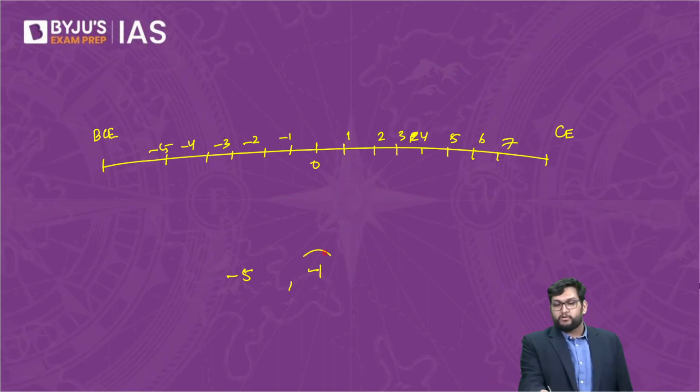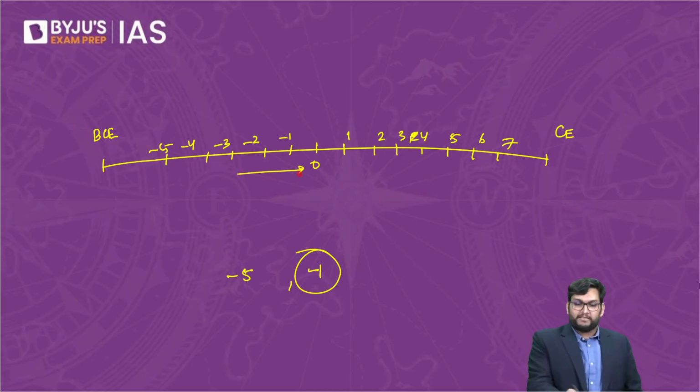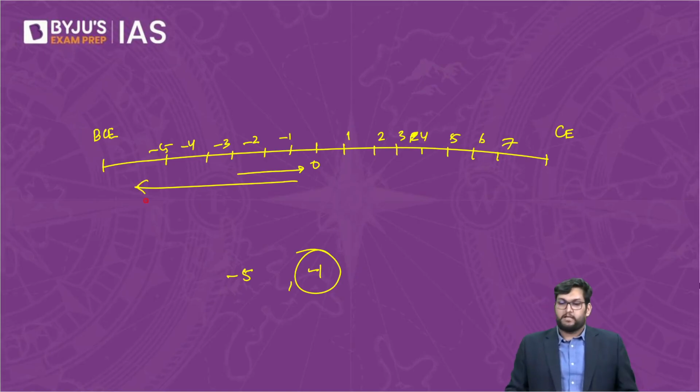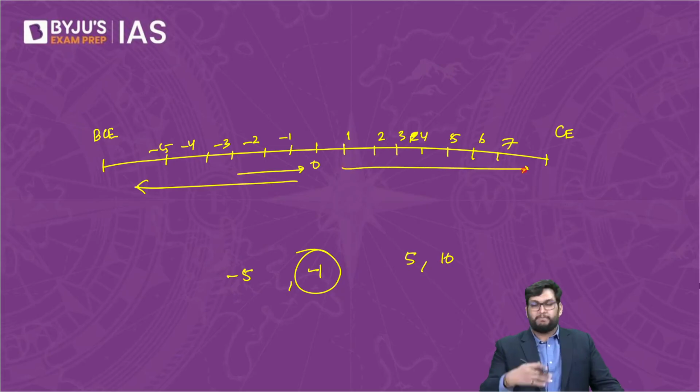The closer you are to 0, the bigger the number is. The further you are away from 0, the smaller the number is. 5 is bigger or 10 is bigger? 10. The further you are away in positive numbers, the bigger it is.